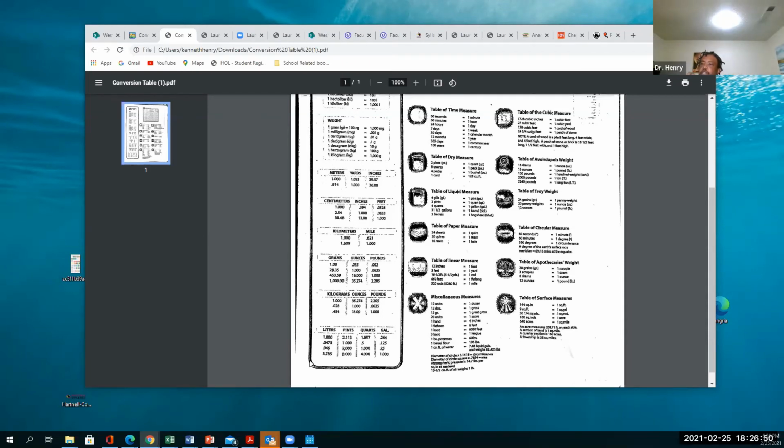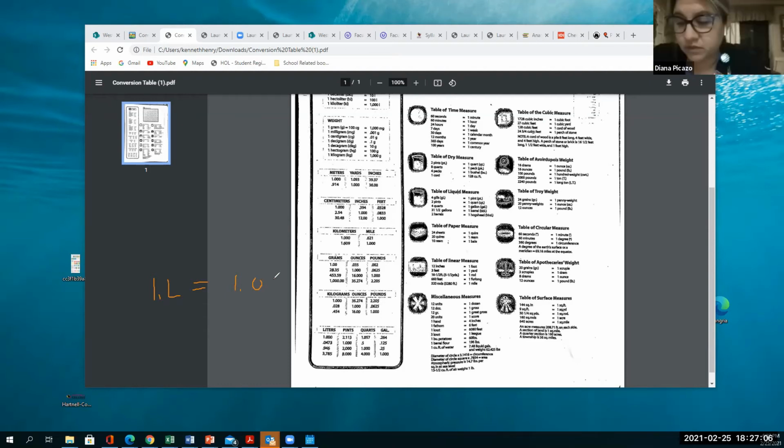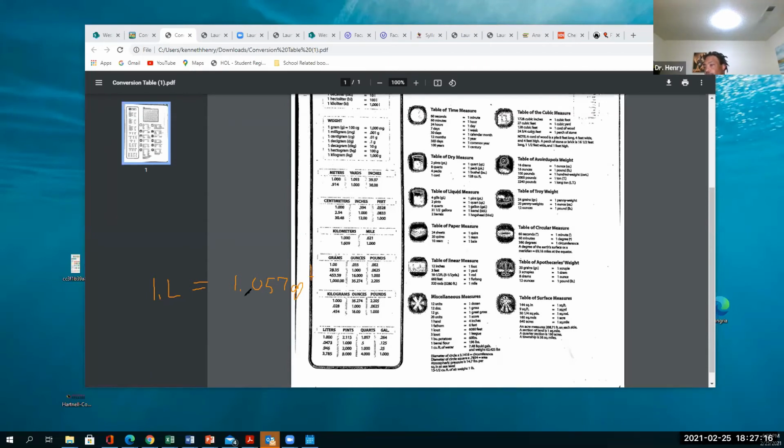It's the same way. But see, the thing is they're saying in this case that 1 liter equals, in this case, 1.057 quarts. So if we're changing liters into quarts, we're going to use this equivalency.